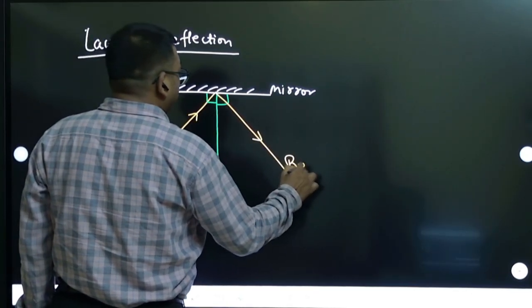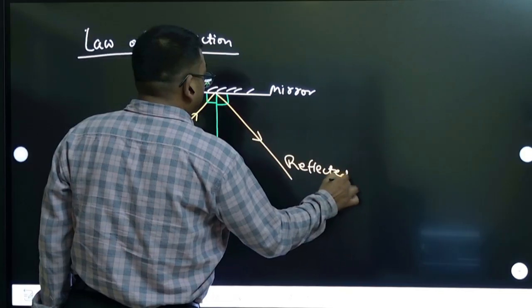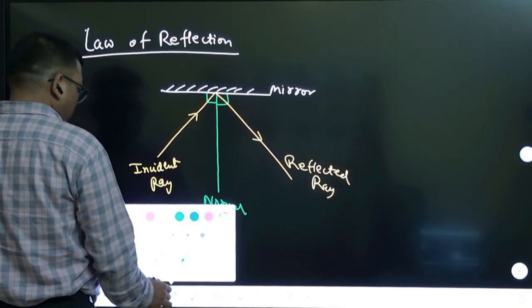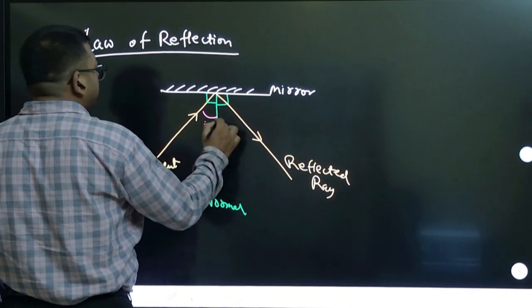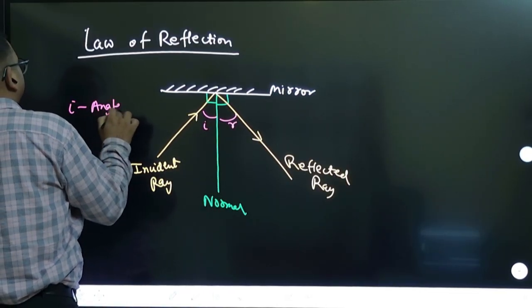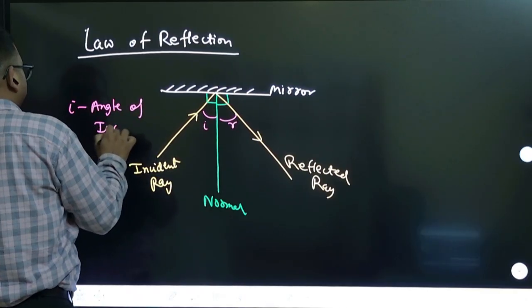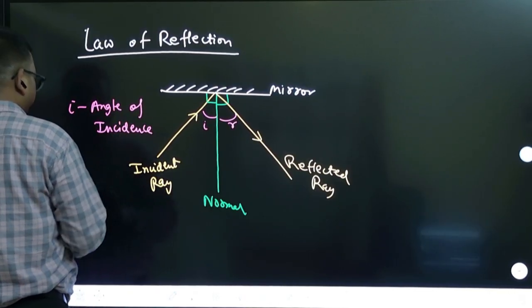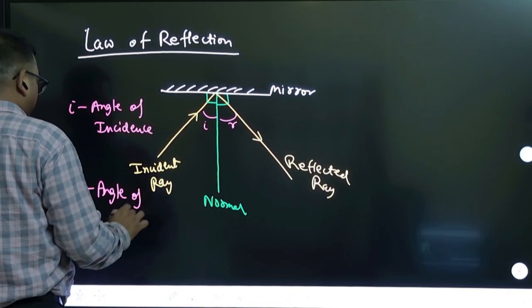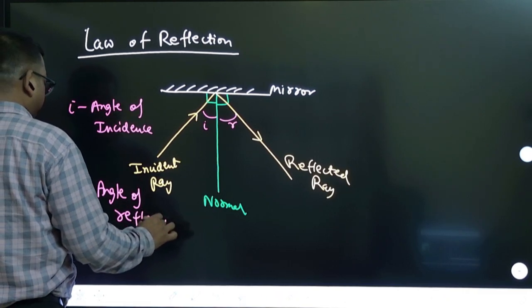This is called the reflected ray. This is the normal. This angle is called the angle of incidence. I is the angle of incidence and R is the angle of reflection.